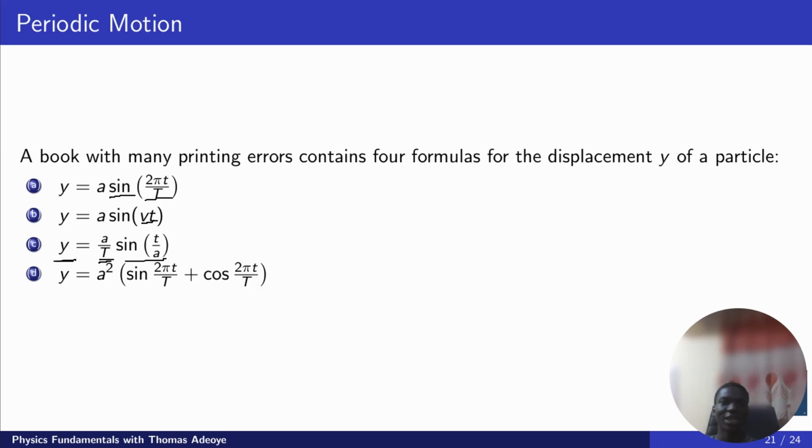Note that small t stands for time, V is velocity, and capital T is period. Another thing is to check if the dimension of this argument is unity, and for this you check also. So this is how to check.